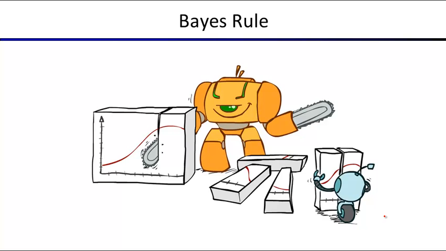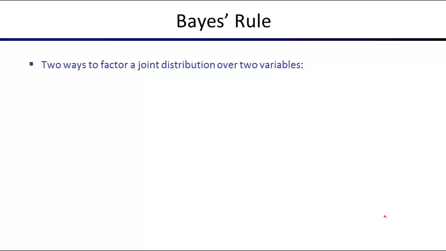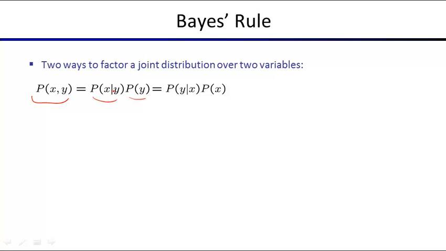All right, Bayes rule. Bayes rule is a way to take a distribution in some format, slice it up, and spit it back out in a different format. The starting point is that when you factor a joint distribution, as we just looked at, you can do it in two ways. The joint is the marginal for y times the conditional of x given y, or you can switch the roles of x and y.